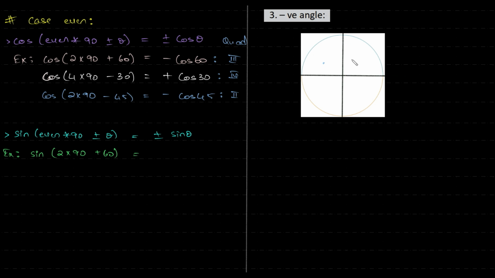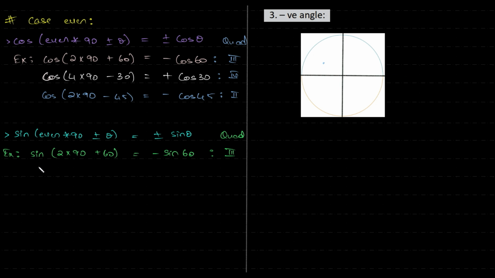Okay, so we are talking about which quadrant? 2 into 90 is your negative x-axis, plus 60 is your third quadrant. So in the third quadrant sine is negative. Since it's 2, this will be sine itself and the angle is 60. So over here, we're talking about third quadrant.